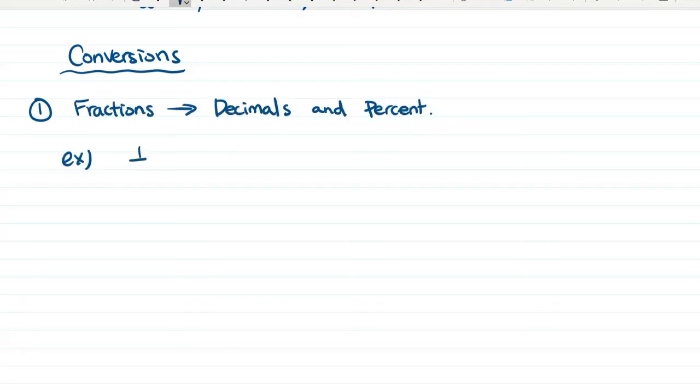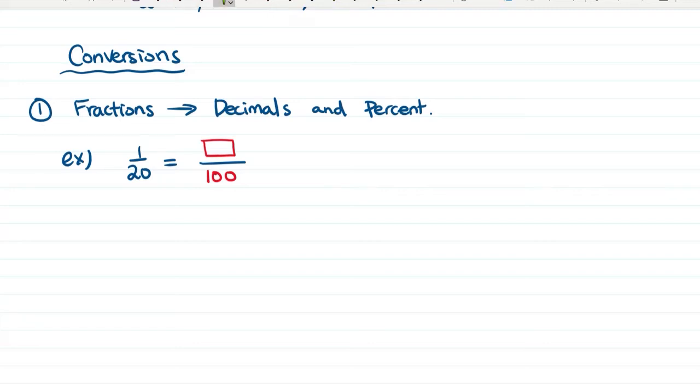So we have 1/20, and we're going to try to change that to decimal form. So how do we do that? To get to the percent, we're going to try to change the denominator to 100, and figure out what number will go on the numerator.